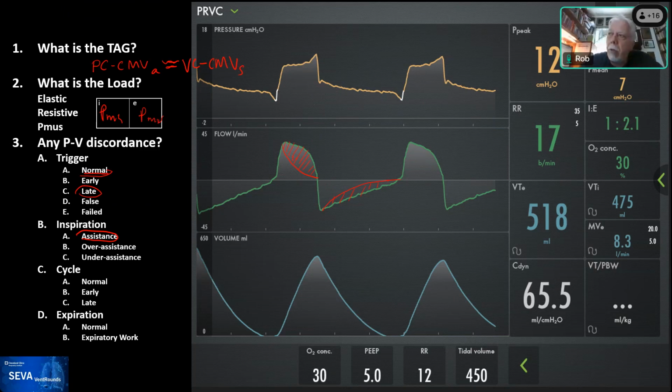You could look at intracycle power or something like that. Very good. And then in terms of cycle, you can see that there's this little bump, and there has been disagreement whether this means early, late cycle or not.